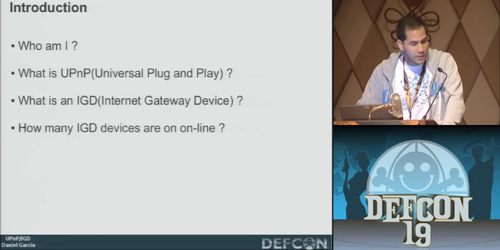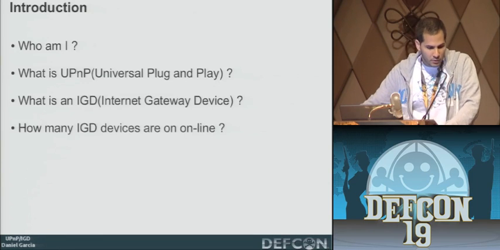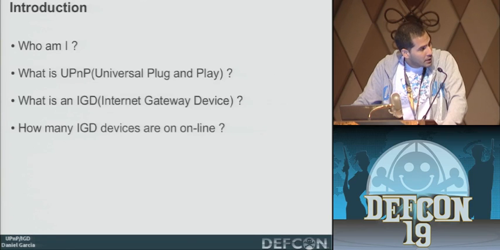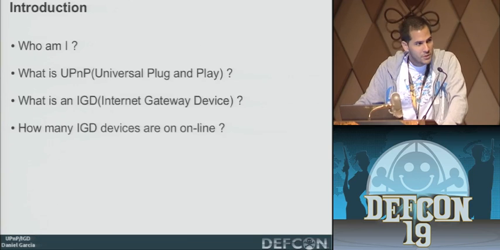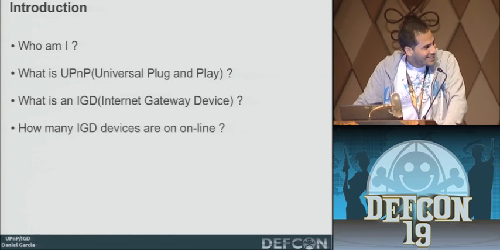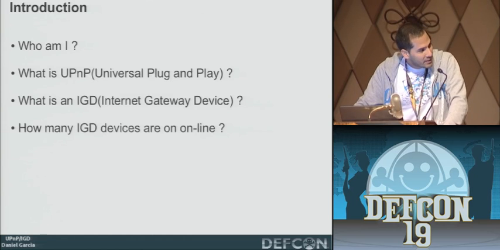What is UPnP? UPnP is Universal Plug and Play. Universal Plug and Play is technology made by the UPnP Forum, which is a code name for Microsoft. They made it back in 1999, and the name probably gave it away that it was something made by Microsoft.